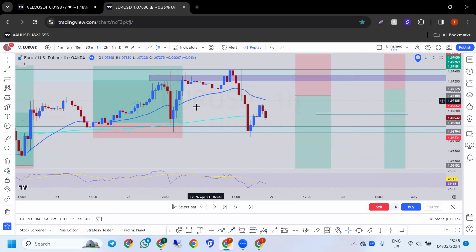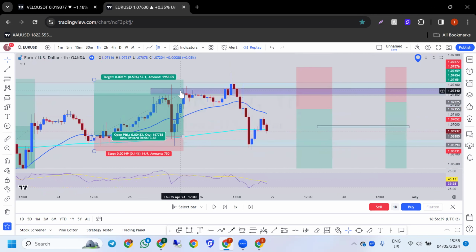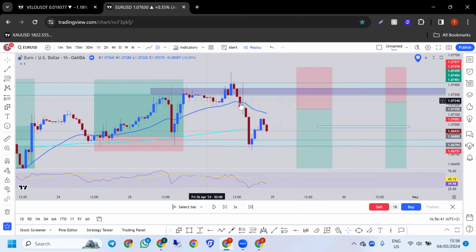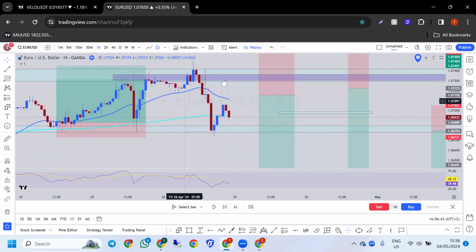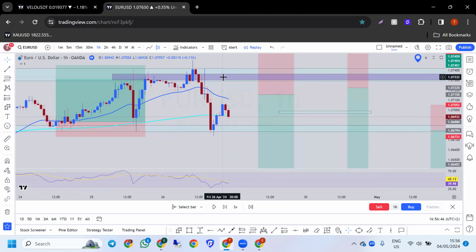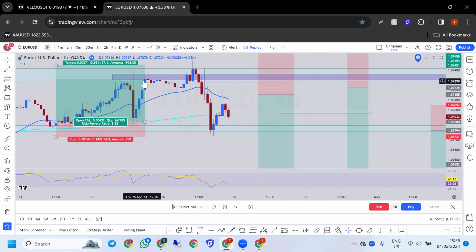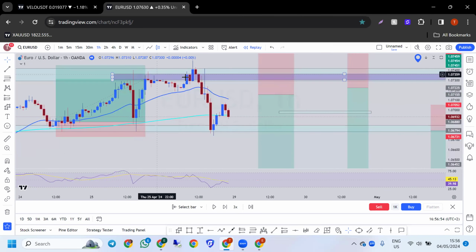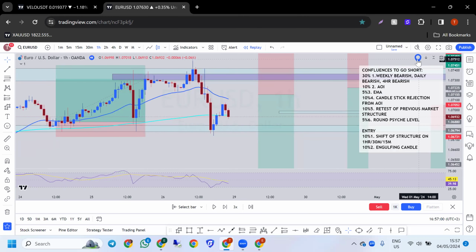We can still see the head and shoulder that has formed. We're just waiting for the market to come up and pick this left shoulder and then drop, give us an engulfing candle and then drop.